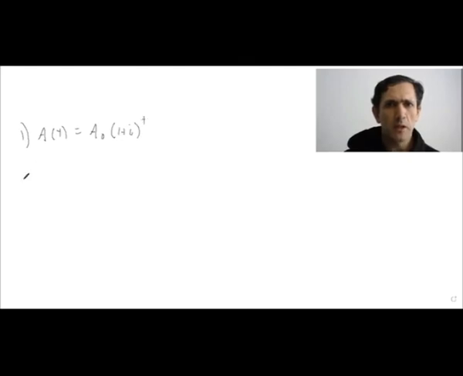Okay, so when we find the derivative, of course, we can pull out the A0. So we're finding the derivative now of 1 plus i raised to the power t. And just a reminder of how to do that.